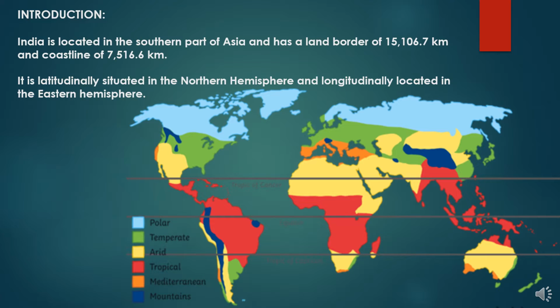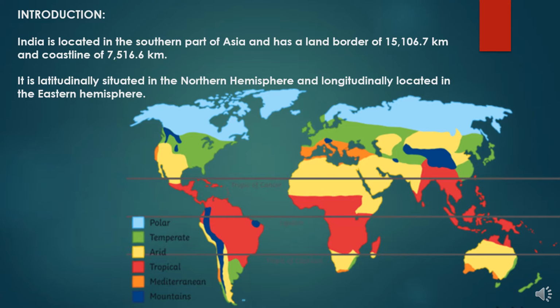Introduction. India is located in the southern part of Asia and has a land border of 15,106.7 kilometers and a coastline of 7,516.6 kilometers.